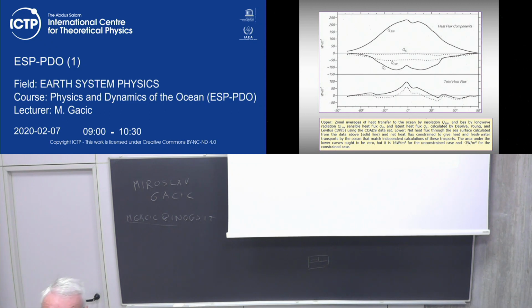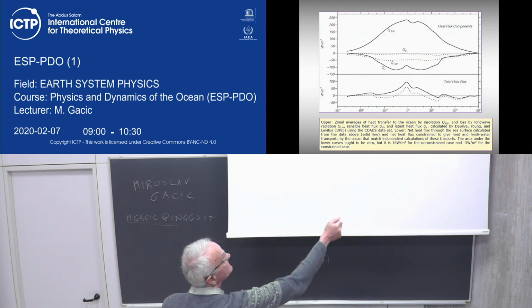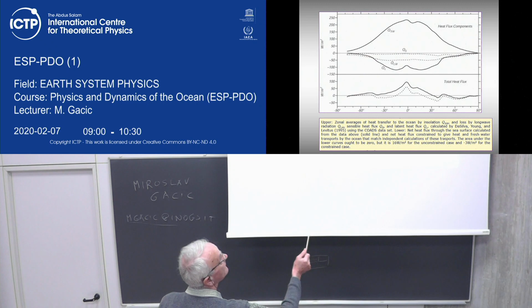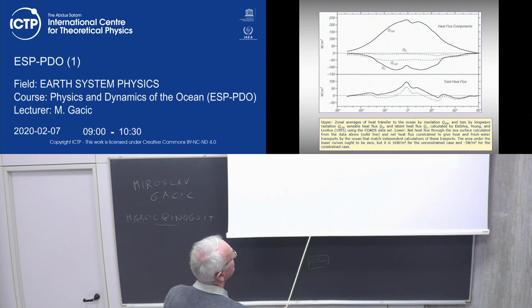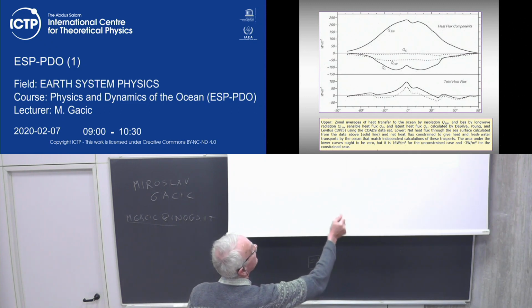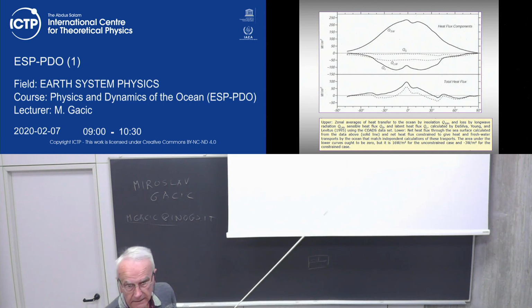So the lower the latitude, the higher the energy coming from the sun to the earth. Therefore, this is the heat flux component due to the sun, QSV, solar. The heat transfer to the ocean by solar insolation is this one here. You see that it shows a maximum around the equator.